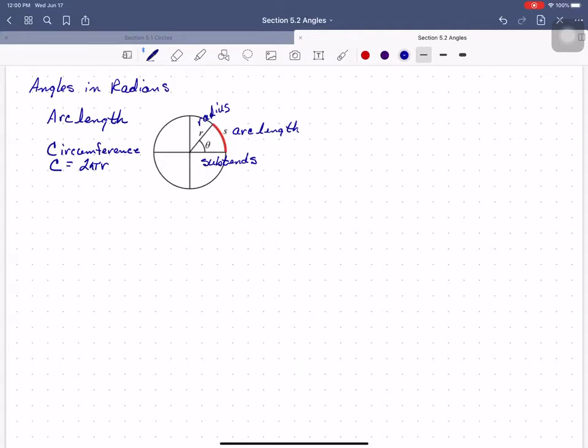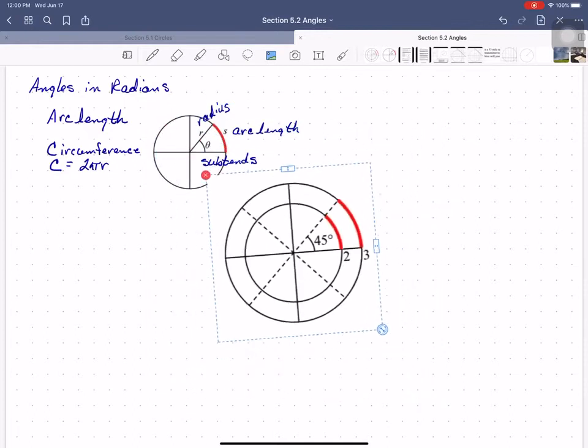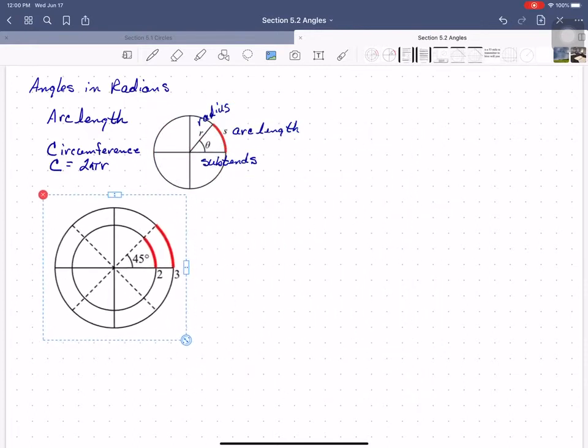So let's take a look at two circles. One has radius 2 and the other has radius 3. And let's say we walk along the edge of those circles until we meet the line that marked a 45-degree rotation. In either case, we've gone 1/8 of the way around the circle, right?